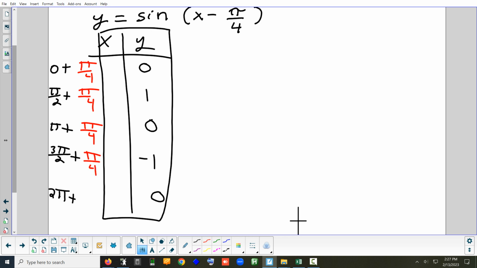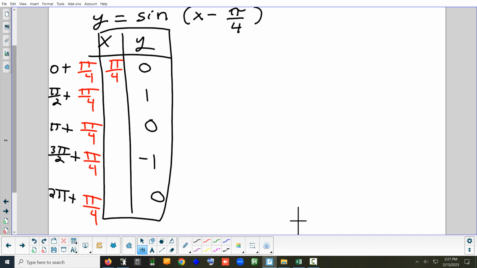Now, with this one, I'm going to hope that maybe we can do the first 3, and then you start to see a pattern, and then we can just continue it for the last 2. If you can't see a pattern, then you're going to have to do common denominators every time. All right, first one, well, it's just 0 plus pi over 4. That one's just pi over 4.